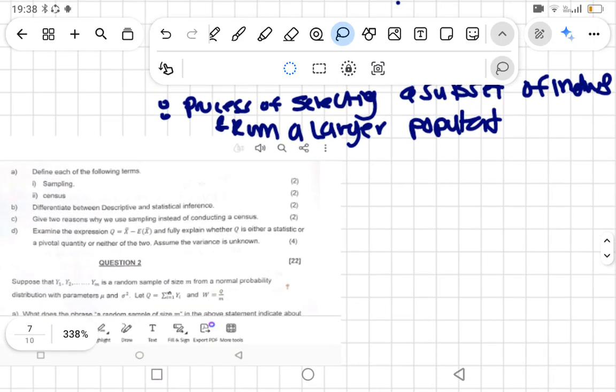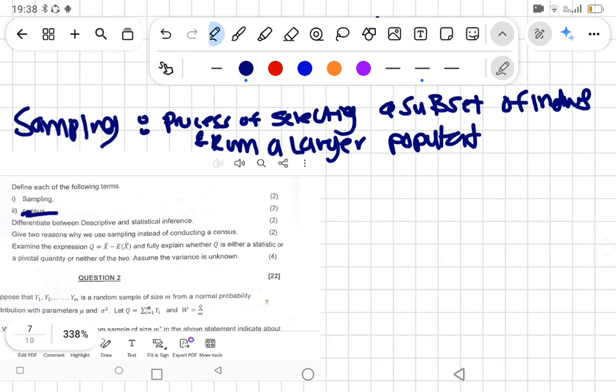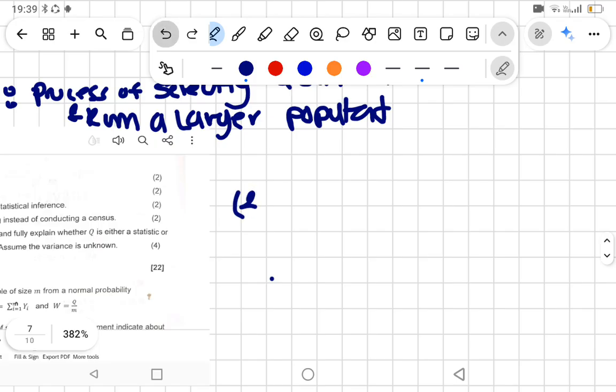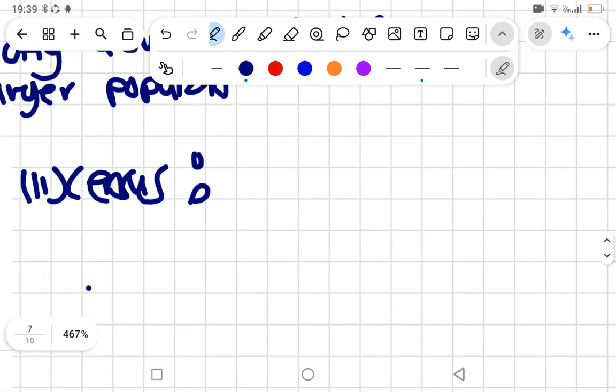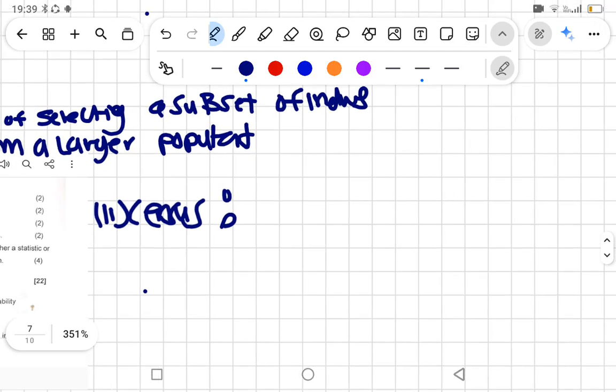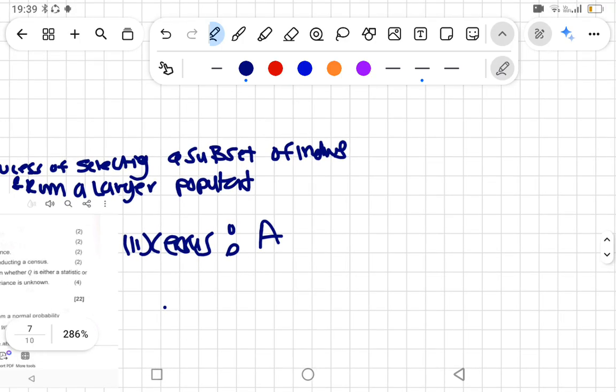Then the next one, they are saying define what is a census. The keyword is that we are collecting from a single population.